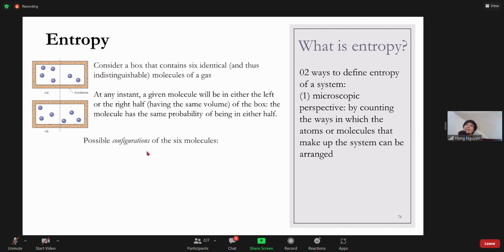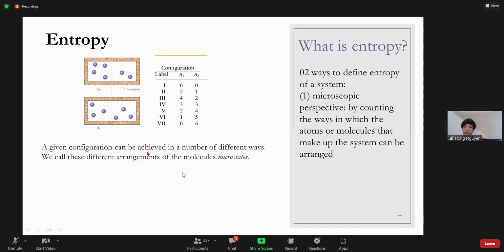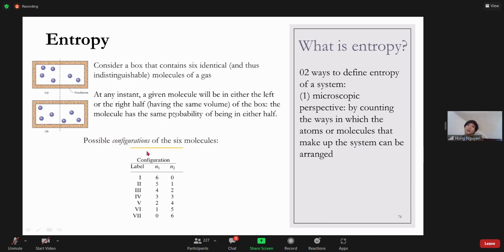Now, what we study is the possible configurations of the 6 molecules. Here we name them the first configuration, number 1, number 2, number 3, and so on. Number 1 is the configuration where all 6 molecules are found in the left half of the box.